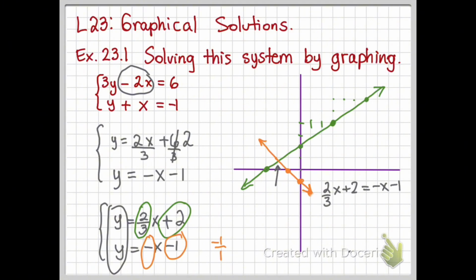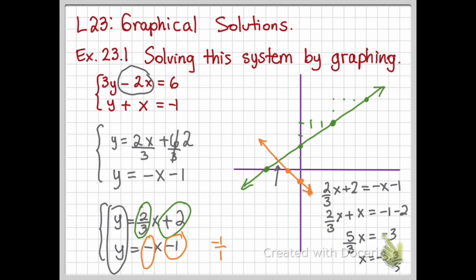And now what we have to do is pass the -x to add and the 2 to subtract. So if we add those, we get 5/3 x equals -3, and then the 5/3 that is multiplying goes to multiply by the reciprocal. So it would be -3 times 3/5.